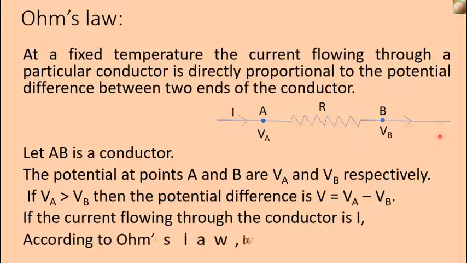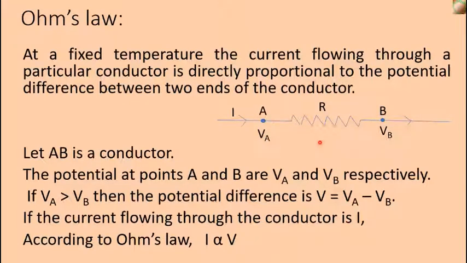Now according to Ohm's law, the current flowing through this conductor, I, is proportional to the potential difference between the two ends A and B. That is, current flowing through a particular conductor is directly proportional to the potential difference between the two ends of the conductor.